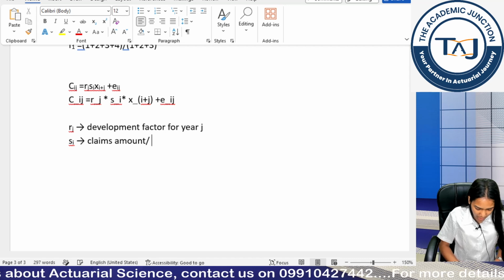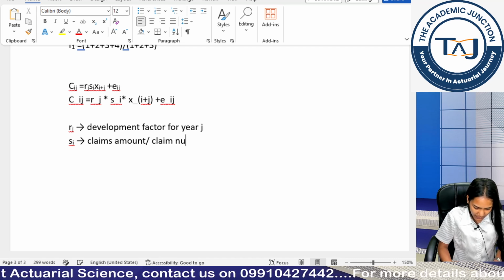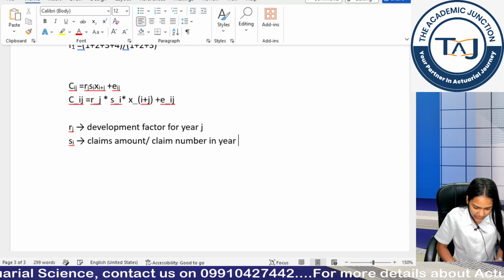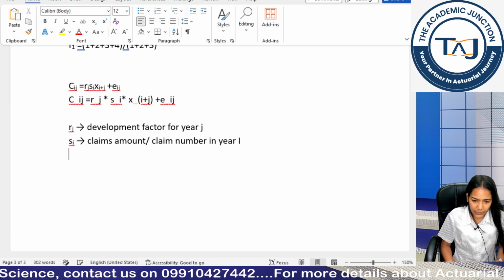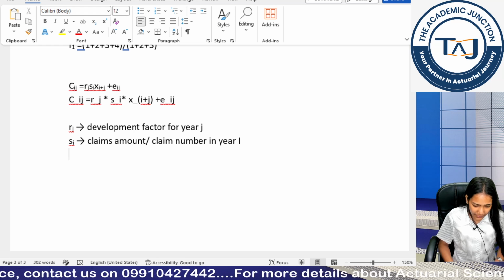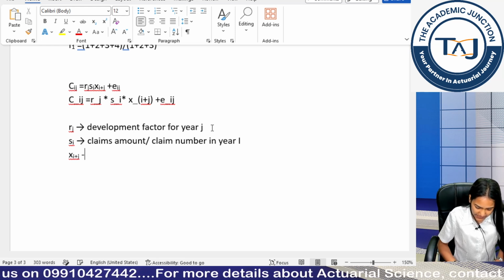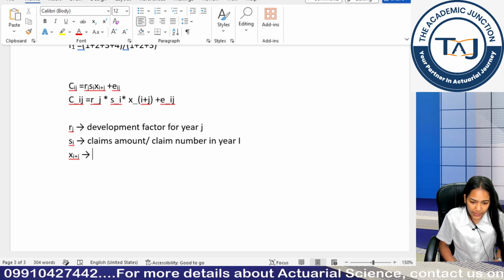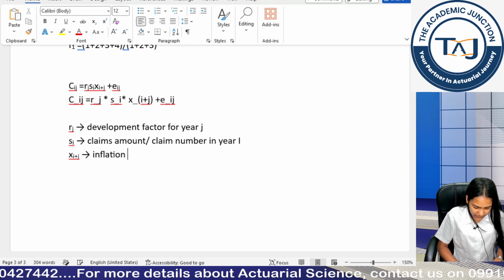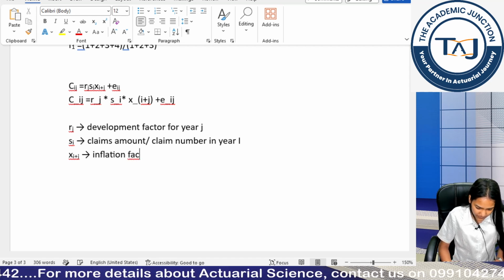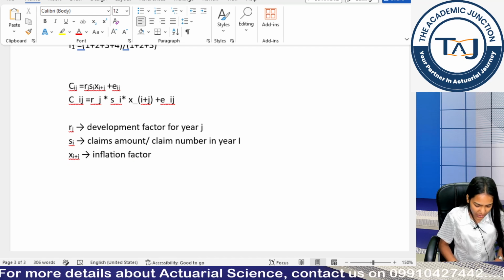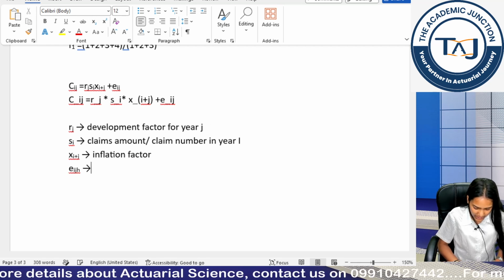Claim amount or claim number, depending on the table. Okay. In year i. Then coming to Xi plus j, this is basically your inflation factor, and coming to your Eij, this is basically your error term.